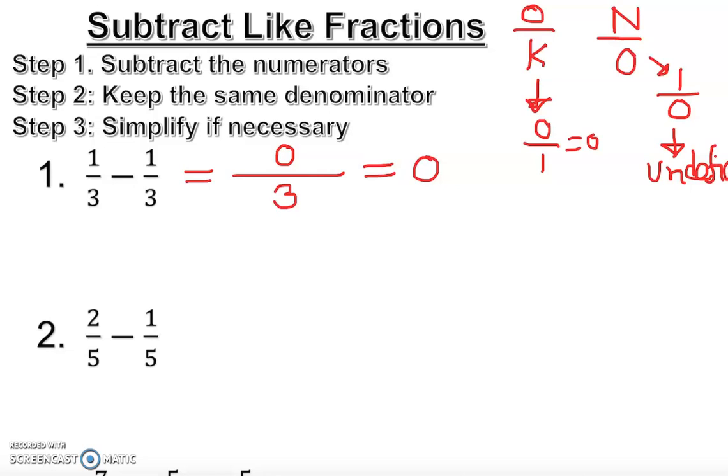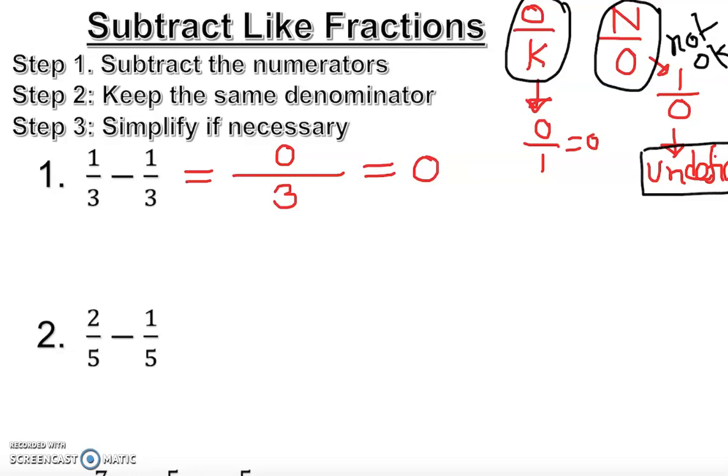So that one is okay to have a 0: 0 divided by any number is 0. Any number divided by 0 is not okay. It means we are not going to get a 0; we're going to get something called undefined.